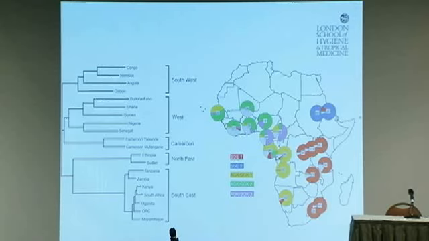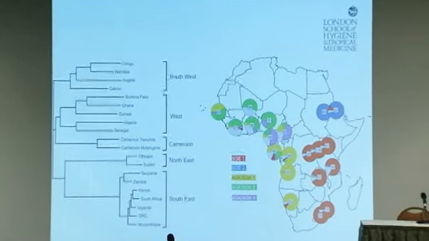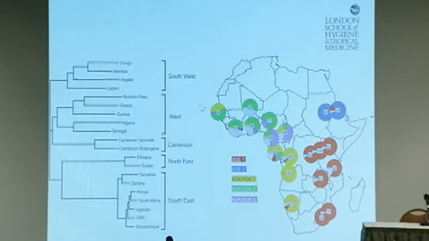And the trees showing allele sharing cluster into these 5 major geographic regions, and they have alleles in common in this whole region here.